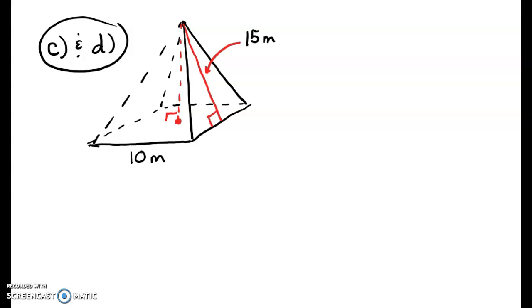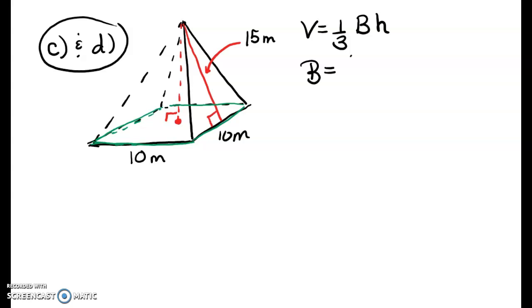So again, our base is going to be a nice square, because in the directions they told me this is a square pyramid. So our volume is 1/3 base times height. So our base is going to be, again, 10 times 10, which is 100 meters squared.